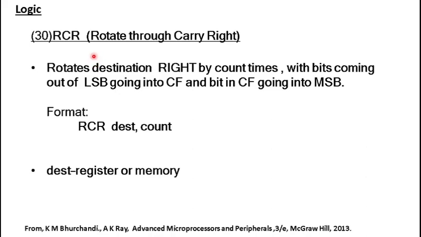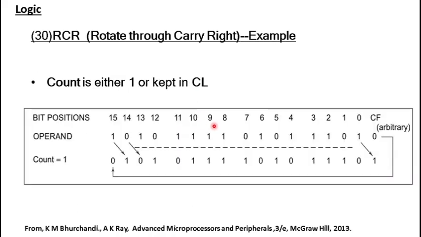First is rotate through carry right. It will rotate the destination right the count number of times, with the bits coming out of the LSB going into carry flag, and whichever bit was there already in the carry flag will be used to fill up the MSB. What essentially happens here is, if you consider this operand and if you issue RCR, suppose that carry flag is initially having a 0 bit.